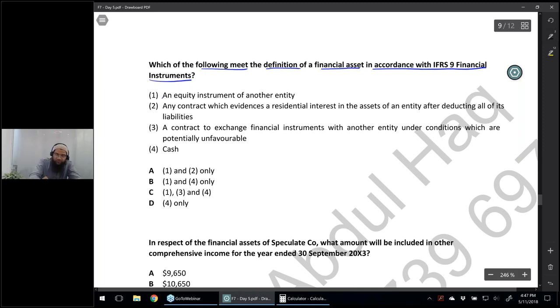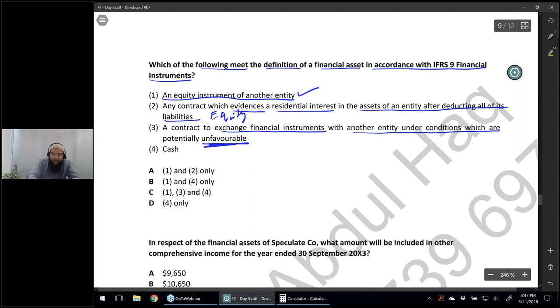So equity instrument of another entity, is this a financial asset? Yes, it is a financial asset. A contract which evidences a residual interest in the assets of an entity after deducting all of its liabilities. Is this a financial asset? No, instead this is the definition of equity, so this is not the right answer. A contract to exchange financial instruments with another entity under conditions which are potentially unfavorable.